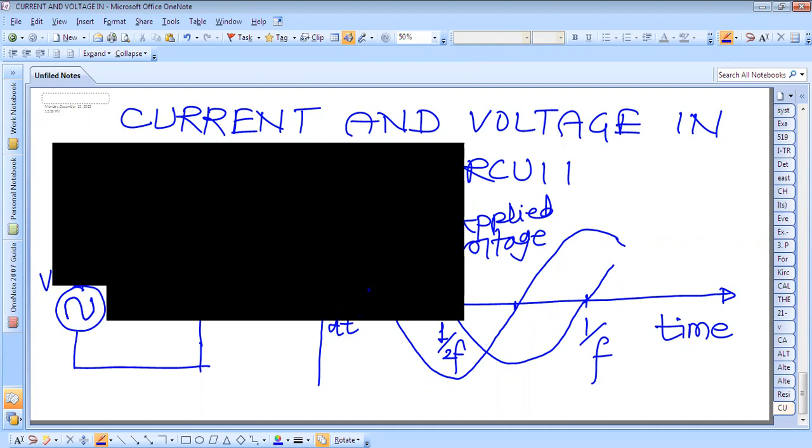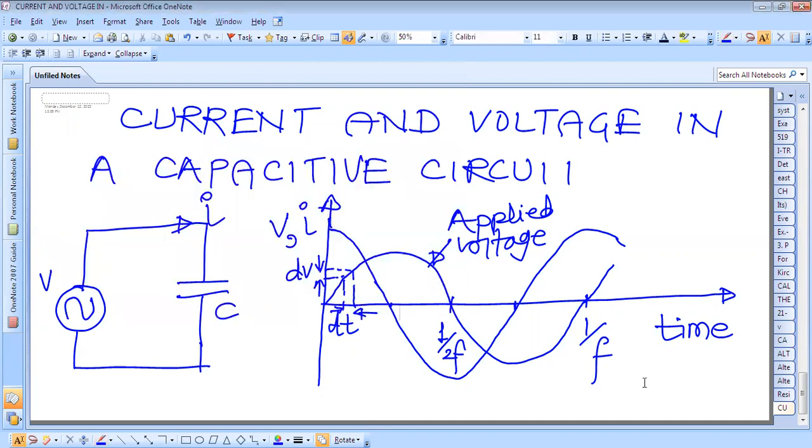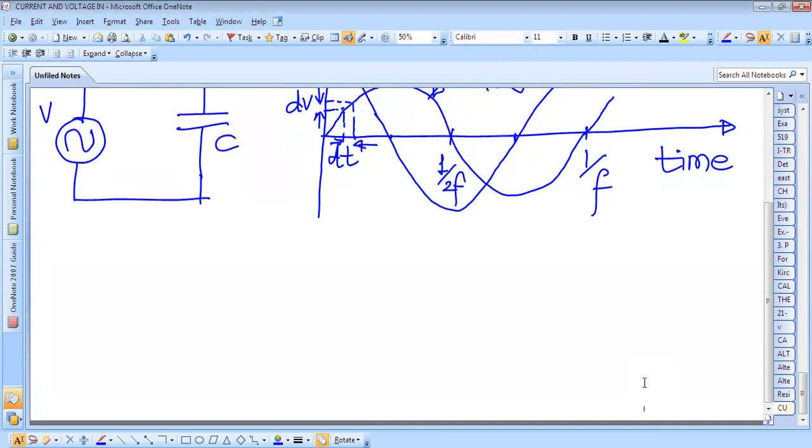For the sake of simplification, we have considered a very small change in voltage for a very small change in current.